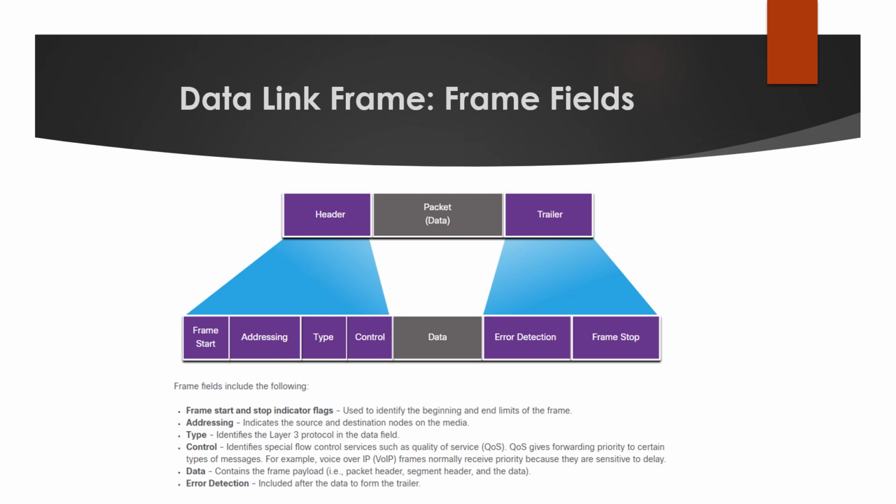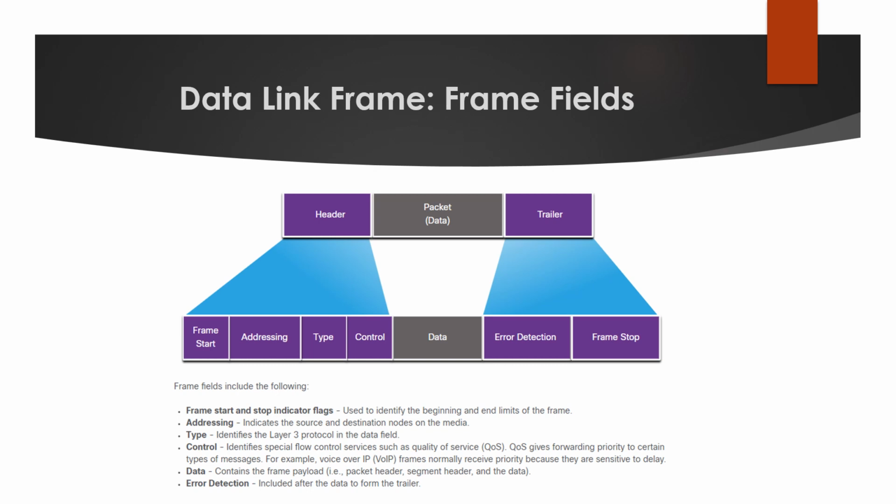Not all protocols include all these fields, but the standard for a specific data link protocol defines the actual frame format. And we have the frame start and stop indicator flags used to identify the beginning and the end limits of the frame. Addressing indicates the source and destination nodes on the media.